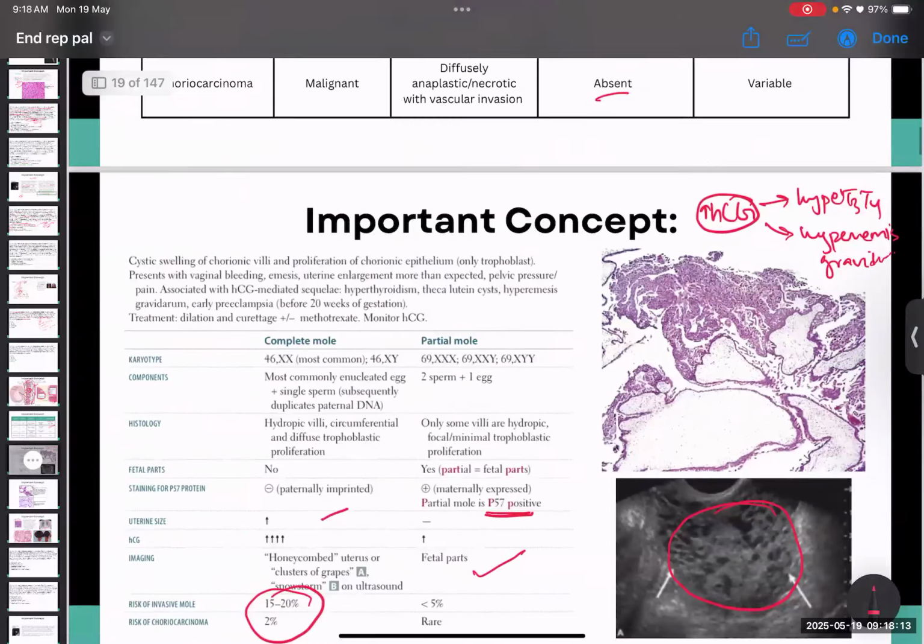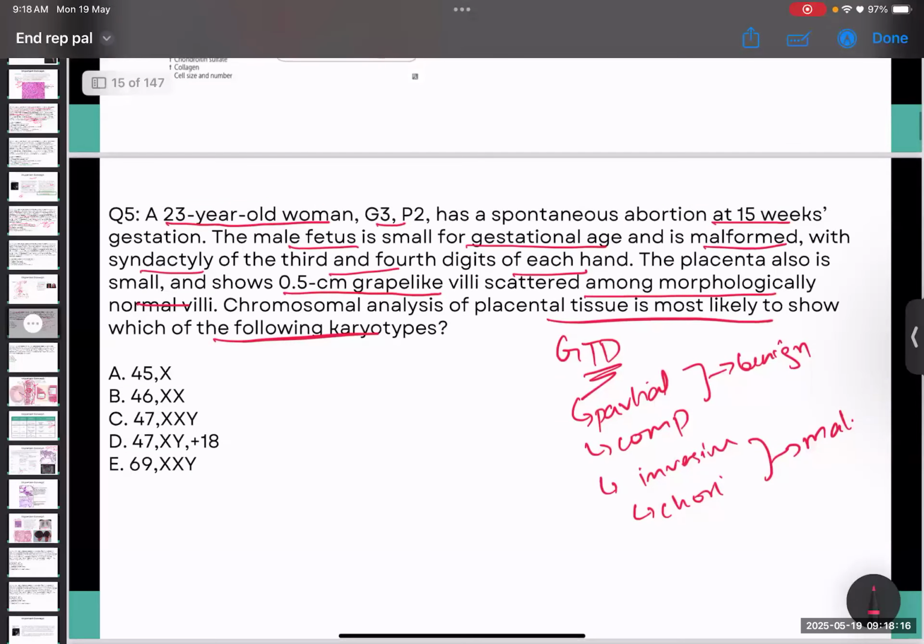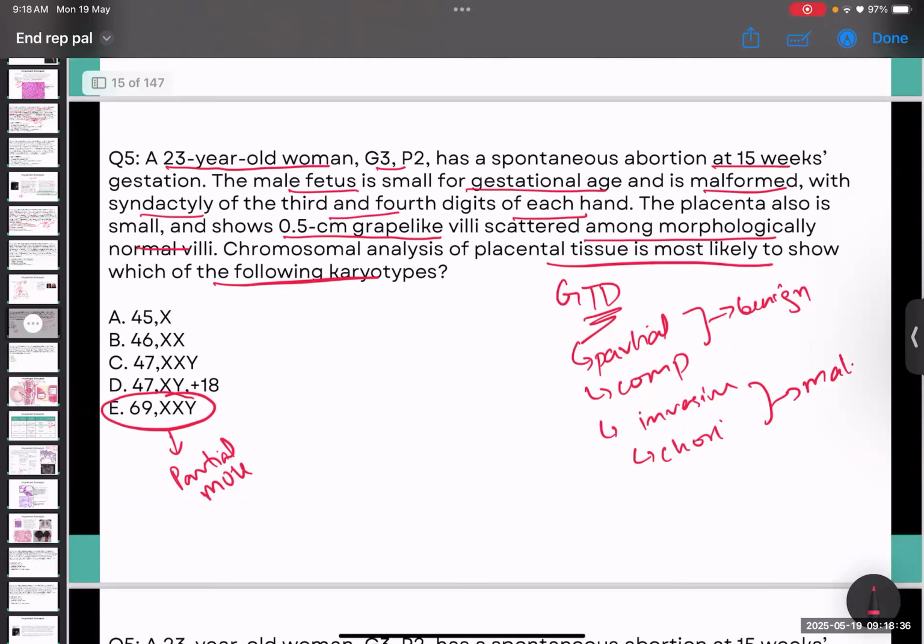So coming back to our question, she had fetal parts present. When you know fetal parts are present, you know that it's 69XXY, which is basically partial mole. I remember in my Step 1 exam, I had this huge paragraph of a question, probably a page long, with so much random filler, and the only thing that could give me the hint to the answer was the presence of fetal tissue, and based off of that I just answered 69XXY.